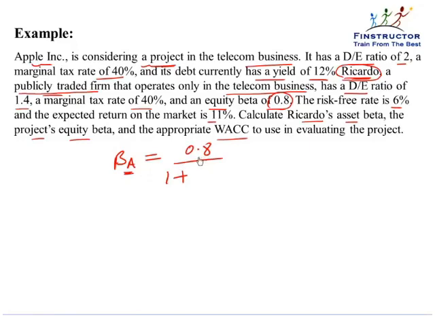If I'm stripping out the risk from the leverage, then only the business risk should be lesser than the business risk and the leverage combined. Hence I divided by 1 plus debt to equity, which is 1.4, into 1 minus 0.4. So this is the risk of the business.